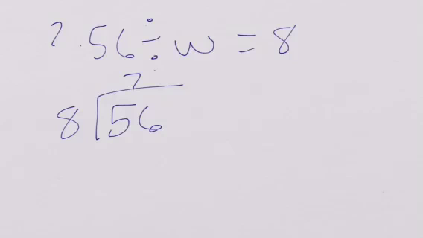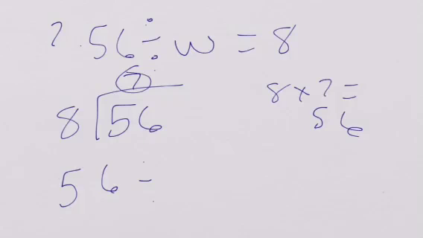If you knew your multiplication facts, you would know that 8 times 7 equals 56. So let's plug that in. 56 divided by 7 equals 8. So in all cases, we're looking to solve for the missing one. If it's division, we can use multiplication to solve it. If it's addition, we can use subtraction to solve it, and vice versa.